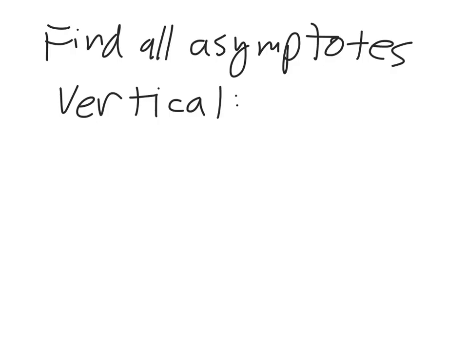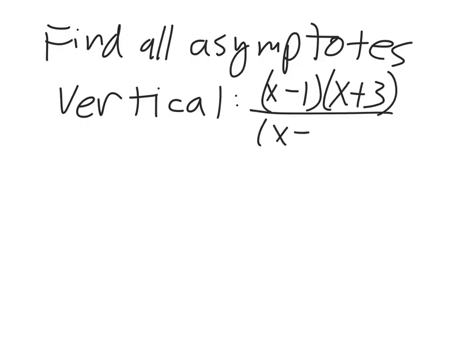Not necessarily. If we have, say, the numerator factors into this and the denominator factors into this, well, some students would look at this and say x equals 1 and x equals 2 would be your vertical asymptotes. Not quite.